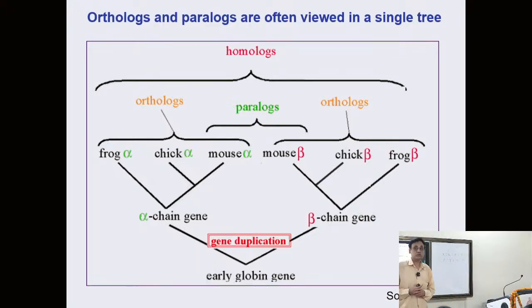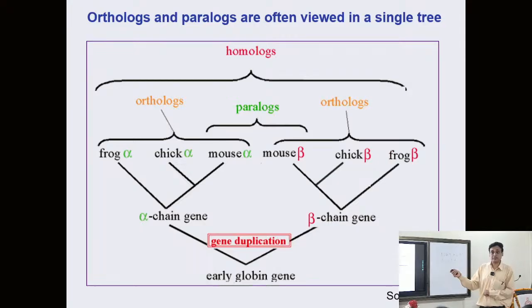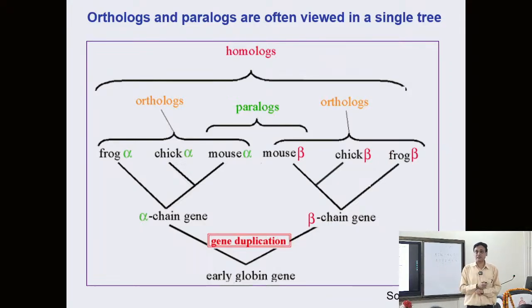That could be speciation or duplication. Okay, clear? It could be confusing, and that is why a phylogenetic tree will help you in inferring whether two sequences, even if they are in different organisms, are paralogs or orthologs.